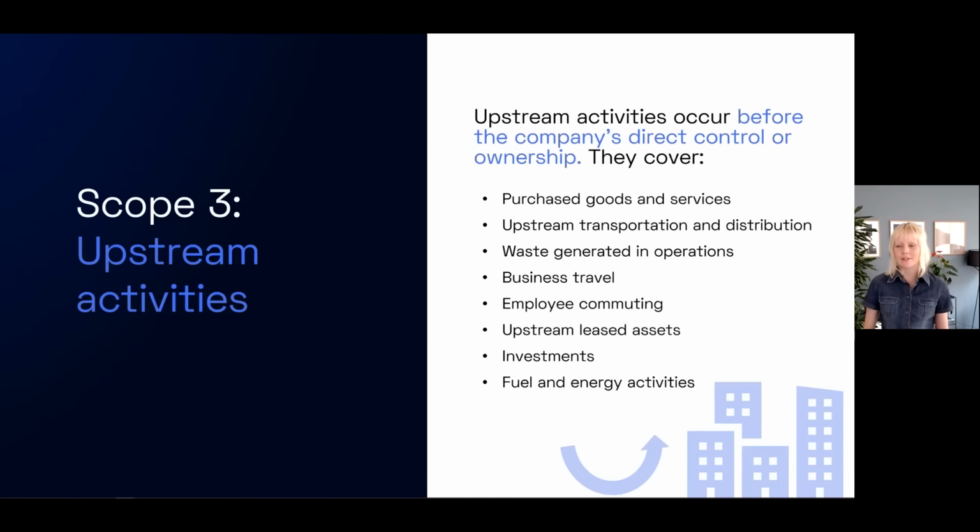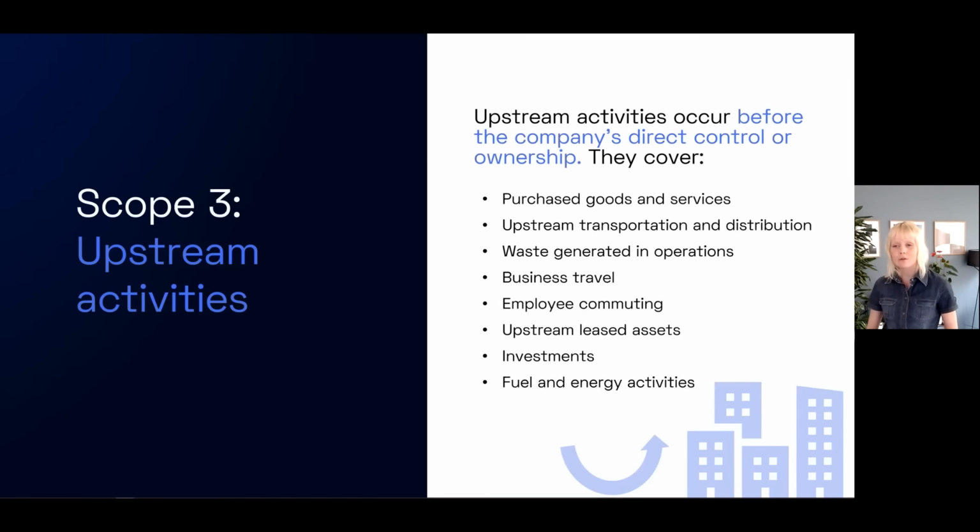Some typical activities and subcategories for scope 3 upstream activities are, for example, purchased goods and services. So, for example, if your company uses raw materials that you purchase from another company, the production-related emissions are accounted for here. Then upstream transportation and distribution.